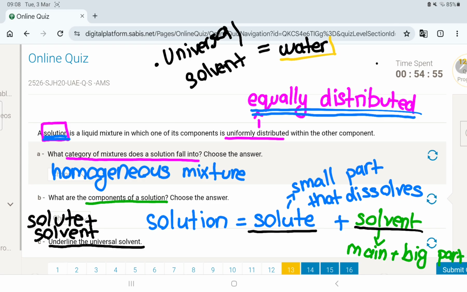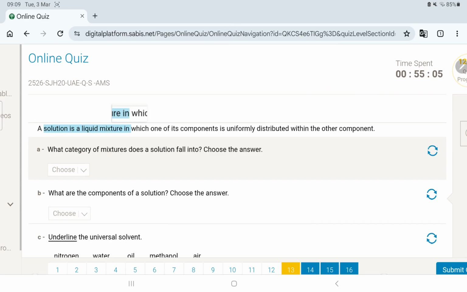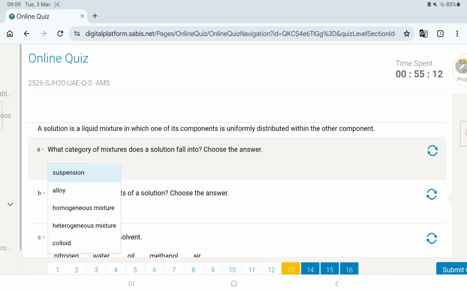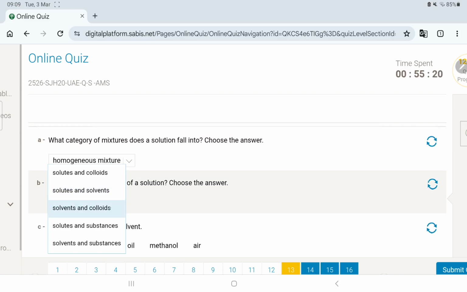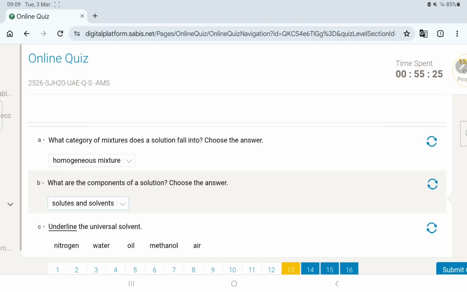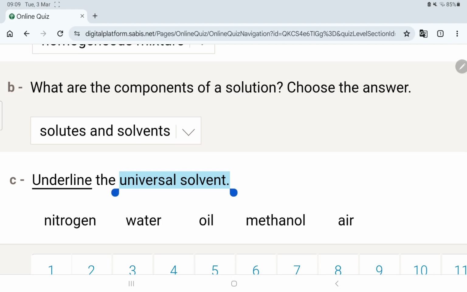We normally use water. So the universal solvent is water. So let's just answer the questions. A solution is a mixture in which one of the components is uniformly distributed. That is a homogeneous mixture. A solution is equal to solute and solvent. And the universal solvent is water.